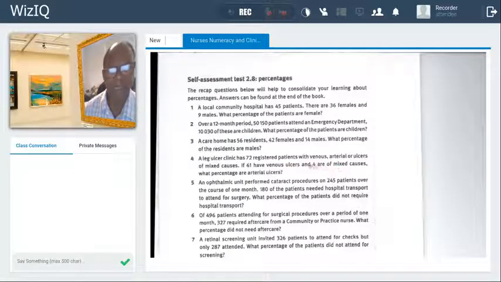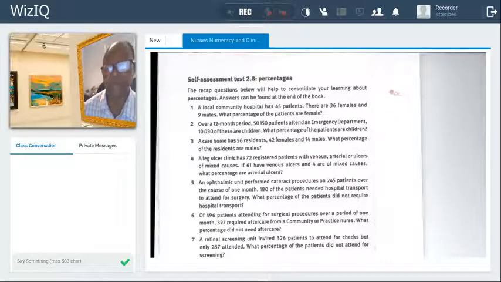Right, so let's see here. What is he asking? He's asking about those who have arterial ulcers. So what we need here is to add this. Remember, the total is this. Let's put in the formula what I want to do. They are asking what the percentage is for arterial ulcers.